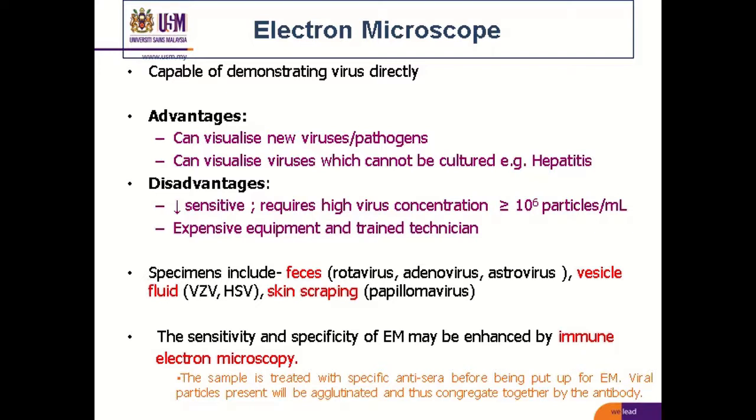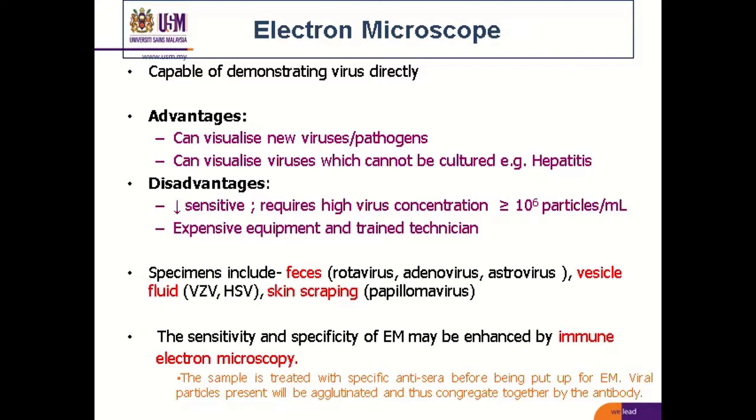It was a new virus at that time, and people were thinking that the outbreak was caused by Japanese encephalitis, but it was subsequently proven to be not Japanese encephalitis, but a new virus, which is called the Nipah virus. After doing electron microscopy, we could see that it is a paramyxovirus and not the Japanese encephalitis virus.